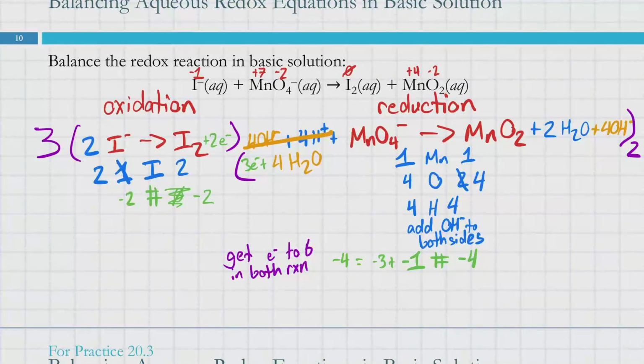To save us space, I'm going to do the multiplying and adding all in one step. I would not recommend this for you.